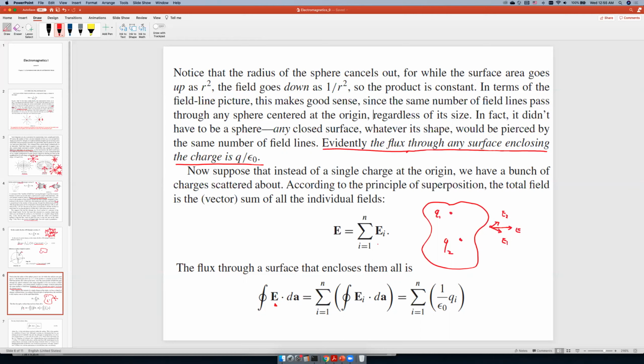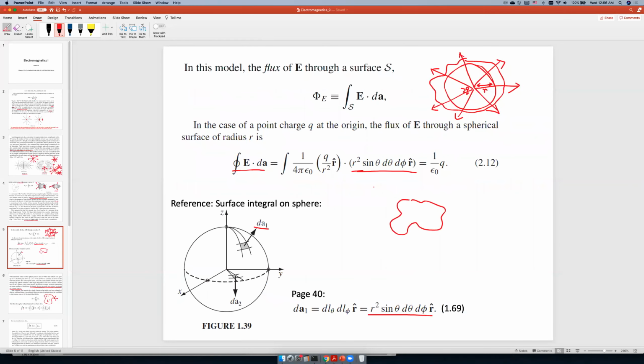It equals the sum of each charge-generated electric field. So you can write it as a sum of flux generated by each charge. And then it equals, of course, the sum of Qi over epsilon 0, based on the previous equation here.